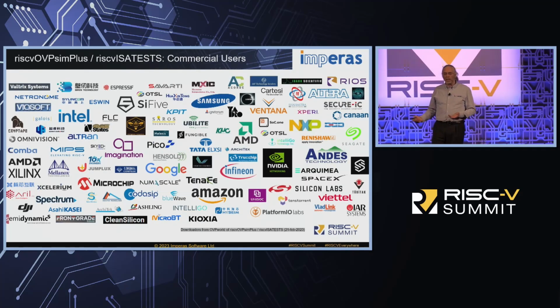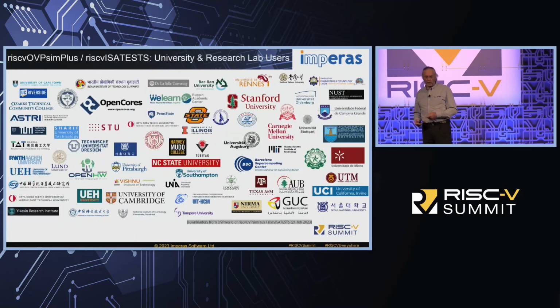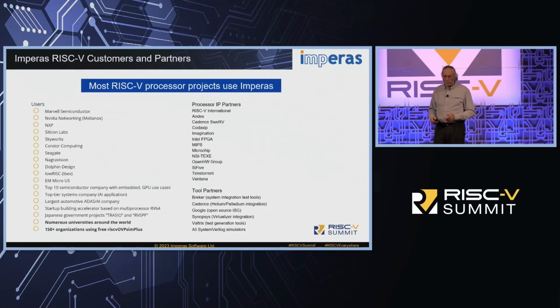We provide some technology open and free on GitHub and on our websites, which has tests and simulation. That's a pictorial list of some of the companies that downloaded our technologies in February, including commercial companies and universities. A lot of people are using it all around the world because we really are embracing what's going on in the RISC-V world, and pretty much we work with most people.